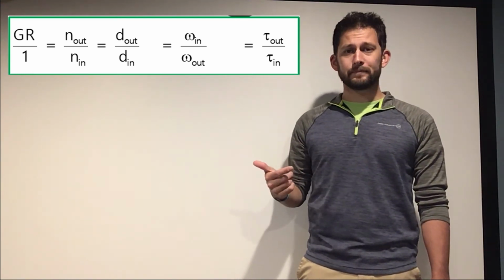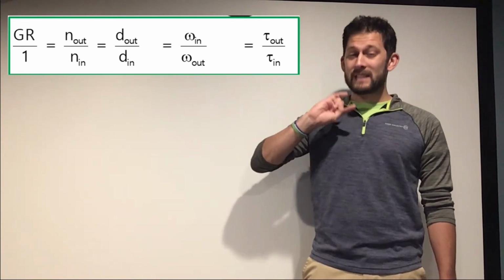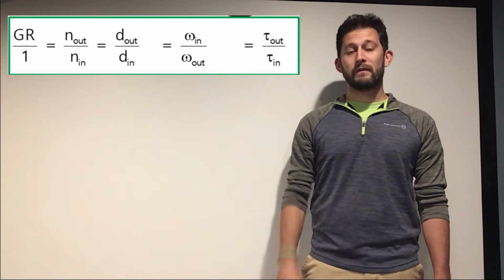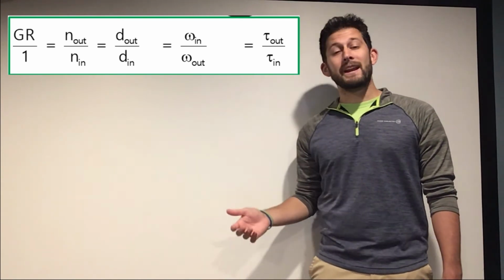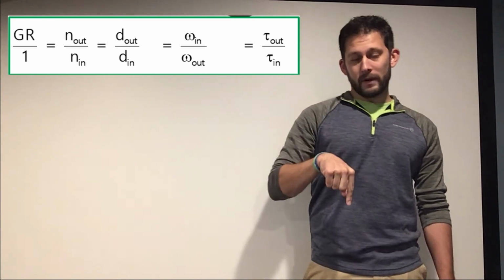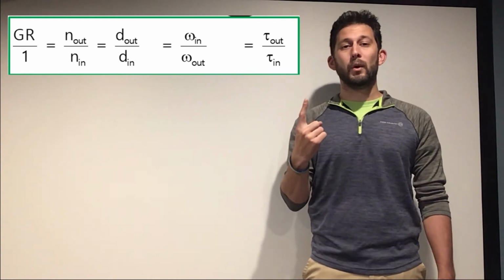Now, notice in the equations, the angular velocity seems like it's flipped. And that is the trade-off, similar to mechanical advantage, where the higher your force output, the lower your distance, or the less force you have to put in, the greater you have to pull it.